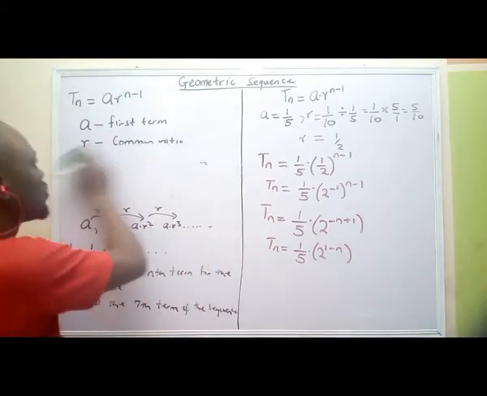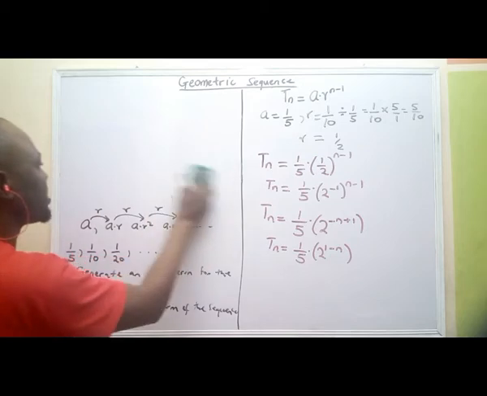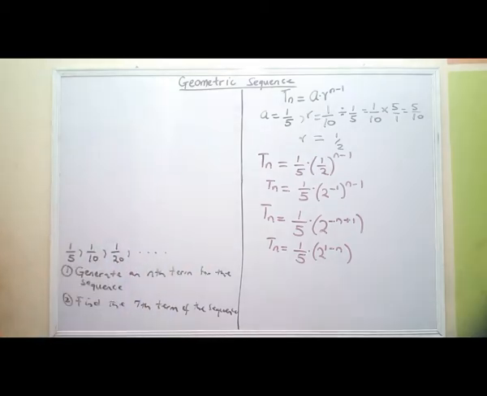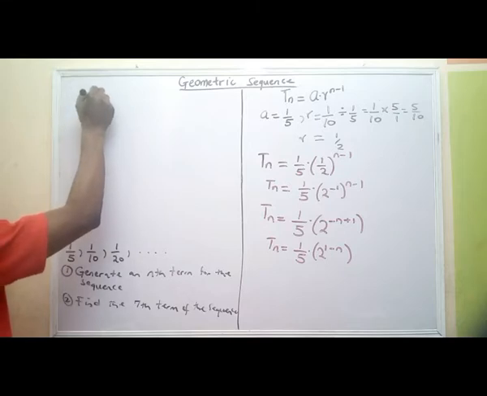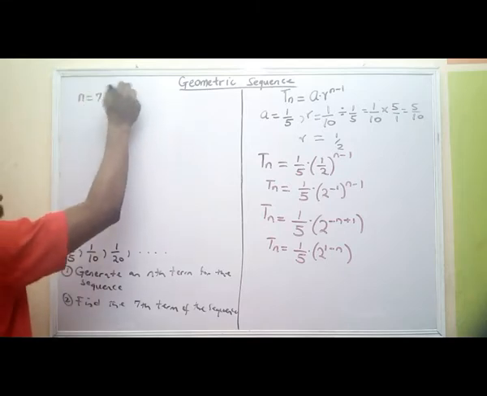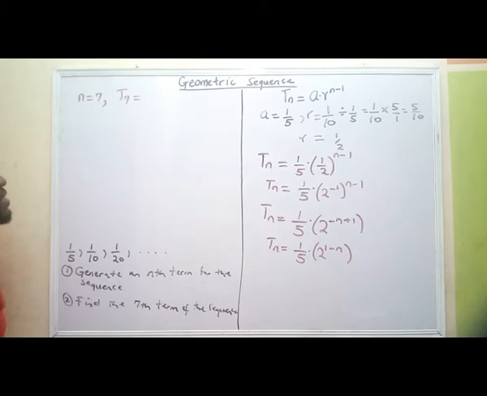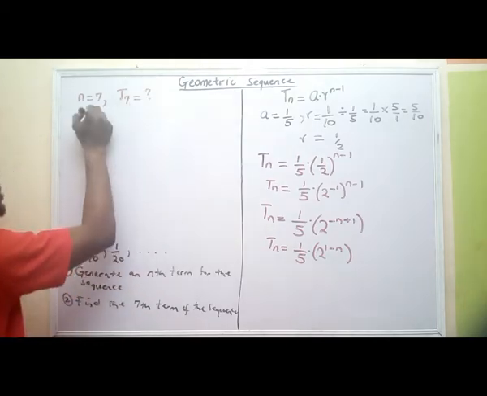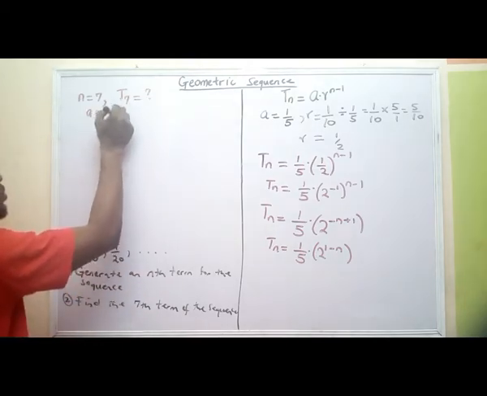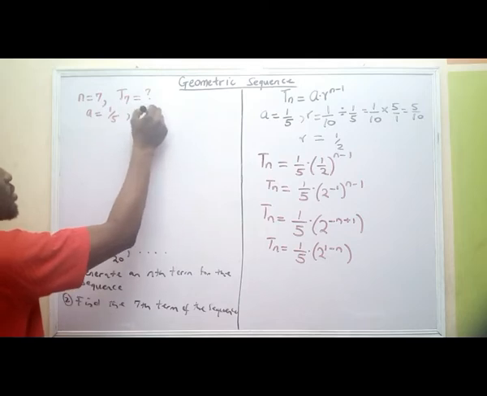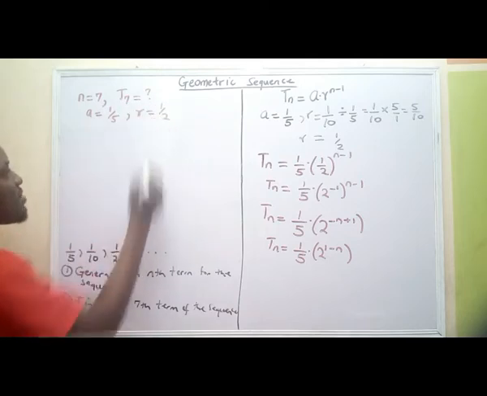Now the next thing we want to do is find the seventh term of the sequence. That shows that when n is 7, we want to get the corresponding value for T sub 7. I already know that a is 1 over 5 and the common ratio is 1/2.